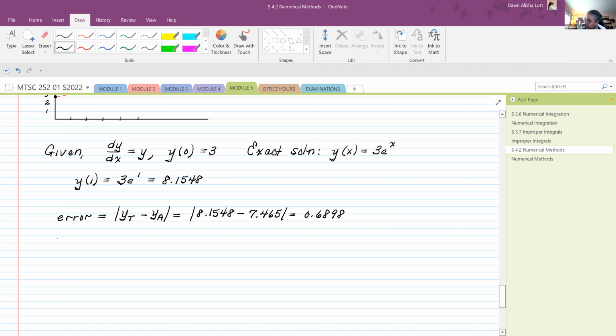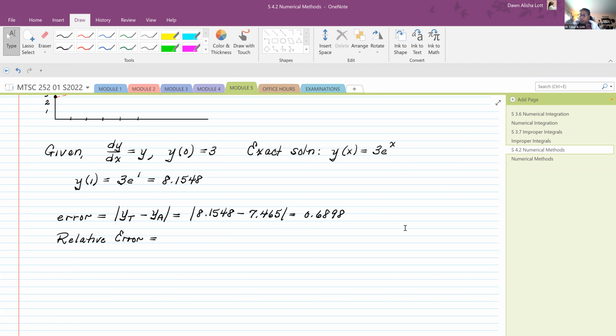And then the relative error. Anybody remember how to take relative error? How do you take relative error? Isn't relative error like a percentage? So it would be 8.1548 divided by the 0.68.